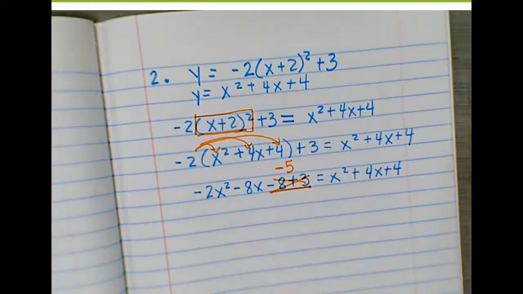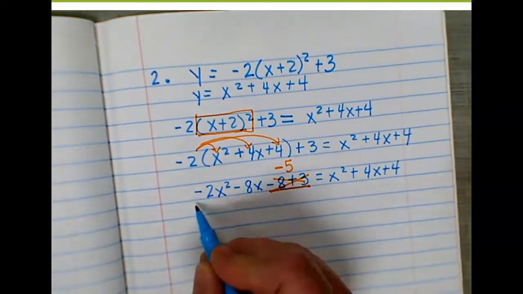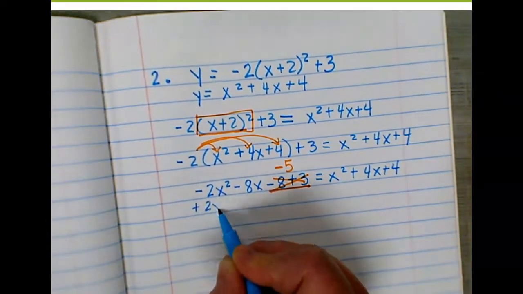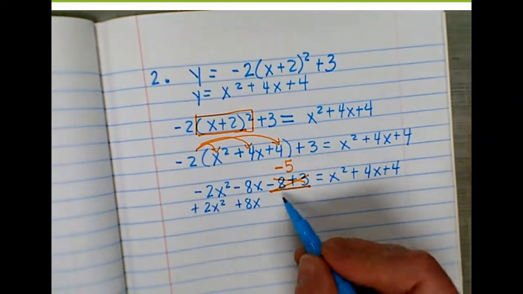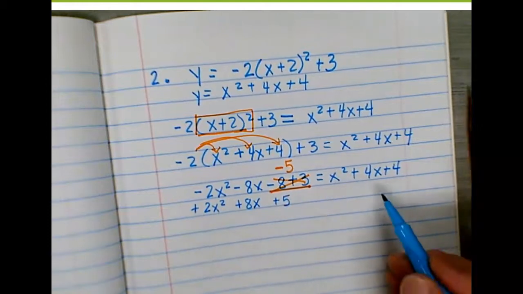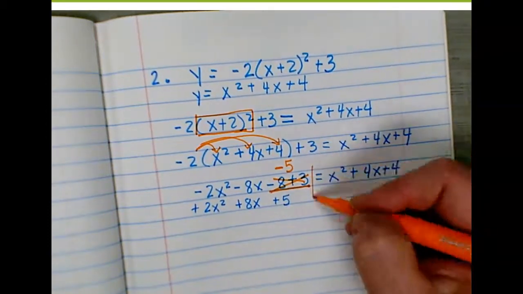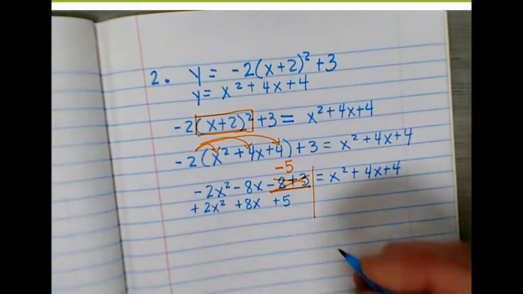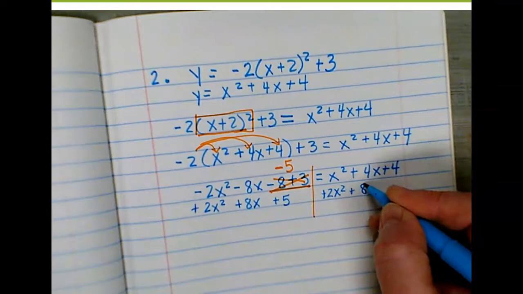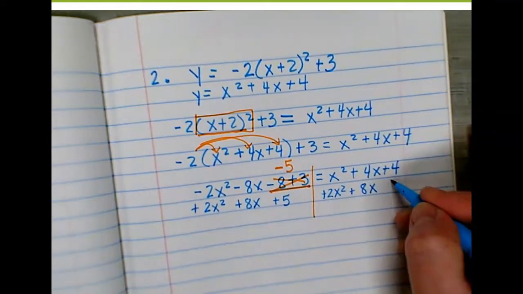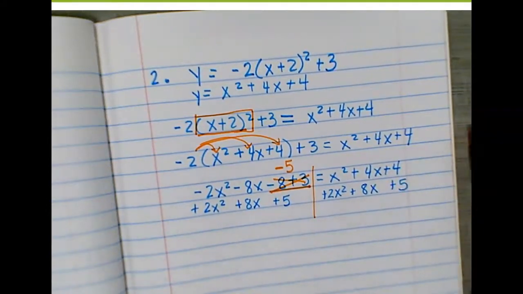Now it is a quadratic. In order to solve a quadratic, I need it to be equal to 0. So I'm going to add 2x to both sides, add 8x to both sides, and add 5 to both sides of the equation.